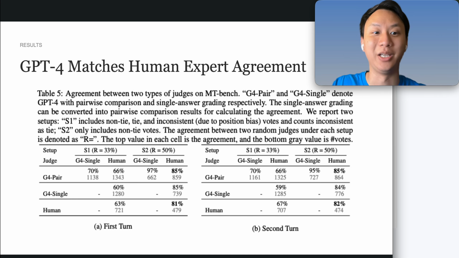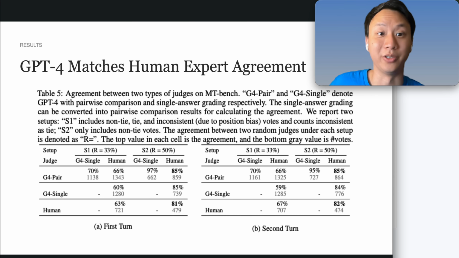So you don't really lose much when using LLM as a judge in this particular experiment. It's a pretty awesome result, and it gives a lot of people courage to use LLMs as a judge.